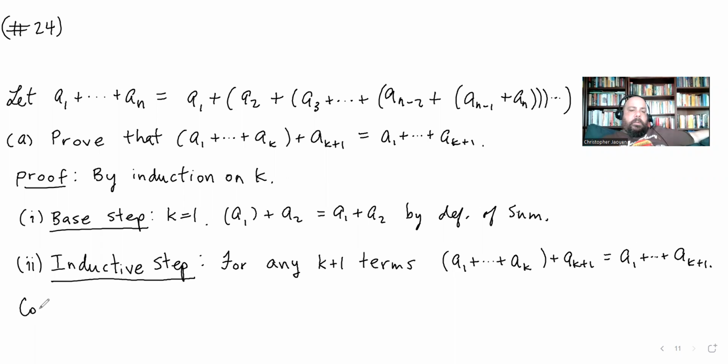Consider then A1 plus dot dot dot AK plus one, plus AK plus two.